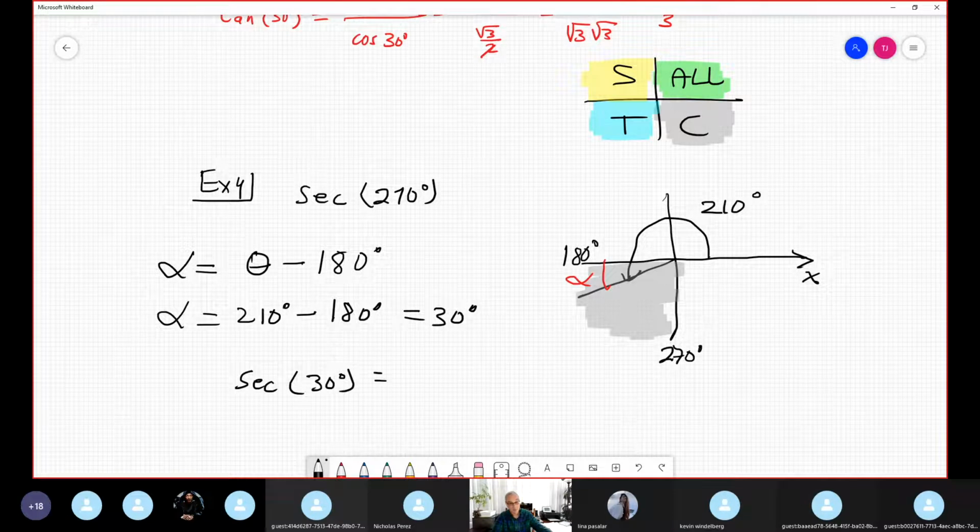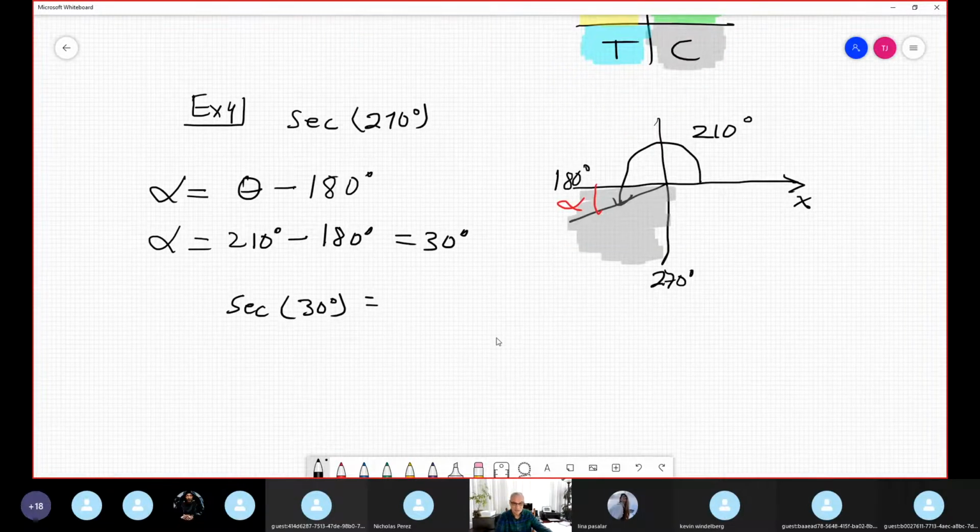Of course, you need to adjust the sign. Secant, I don't remember. I only remember sine and cosine. The rest, I use trigonometric identities. What identity? Reciprocal: 1 over cosine.